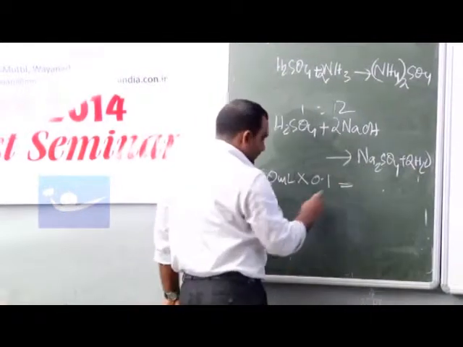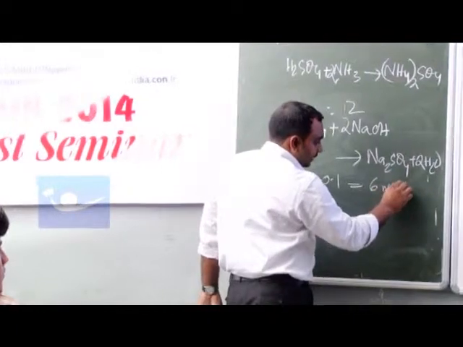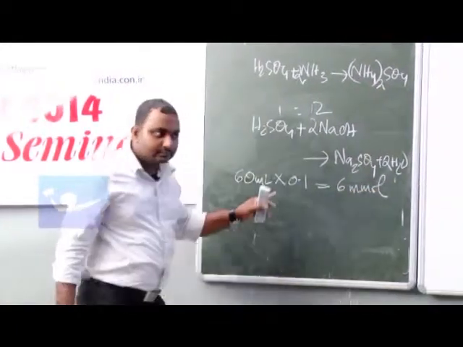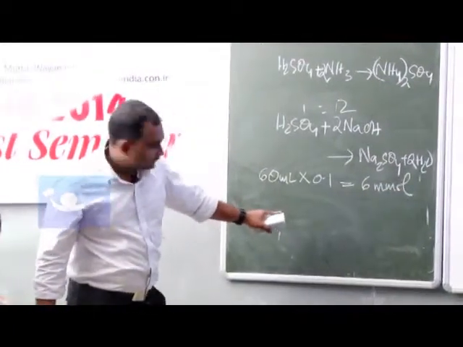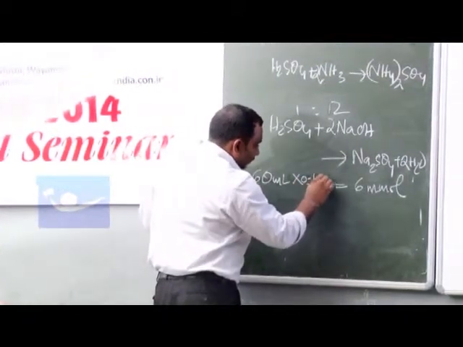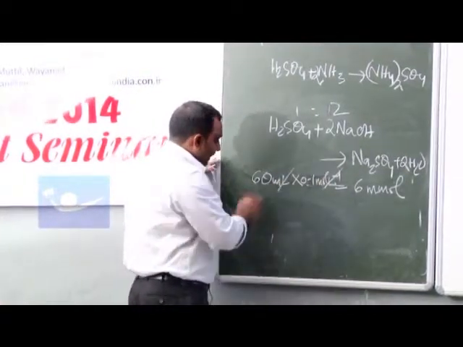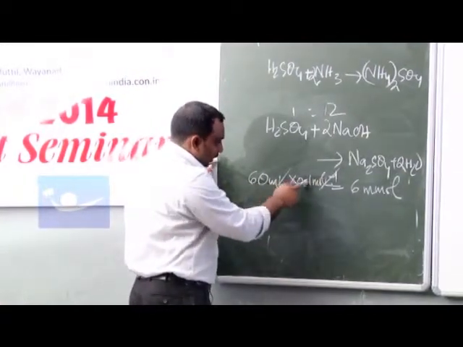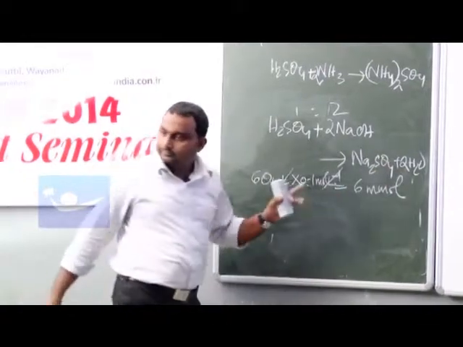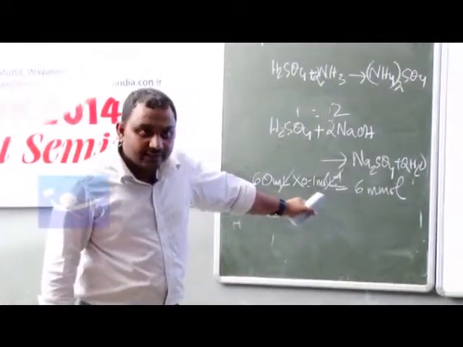So how many moles? 6 millimole, right? So how I have written millimole is 0.1 mole per liter, so liter and liter will get cancelled. 6 millimole. Initially how many millimoles of H2SO4 you have taken? 6 millimole.